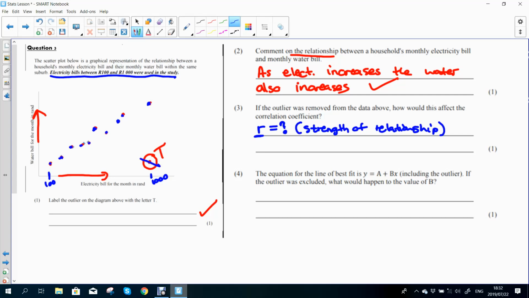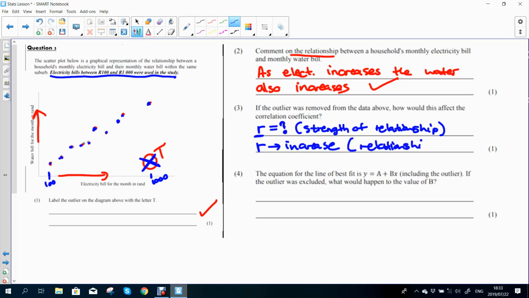So if you take out, guys, this outlier, what's going to happen is immediately your correlation coefficient will increase. Because now your relationship is stronger.